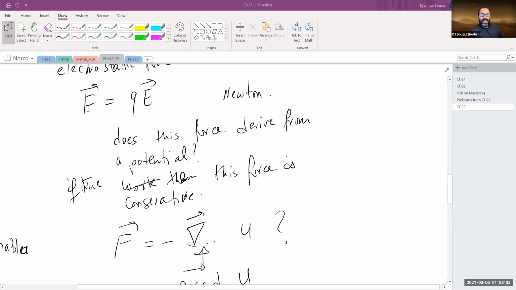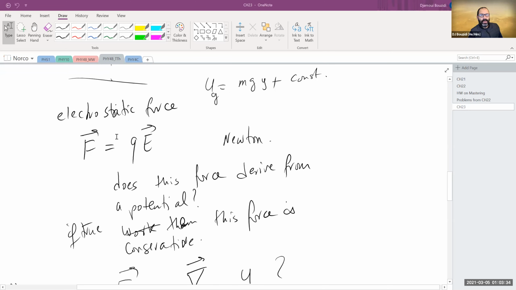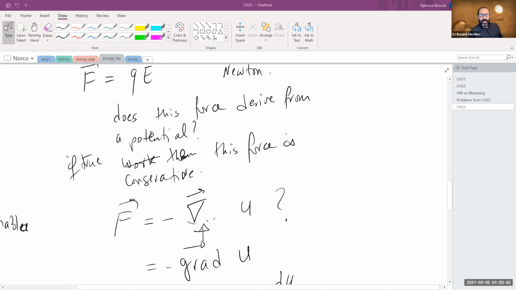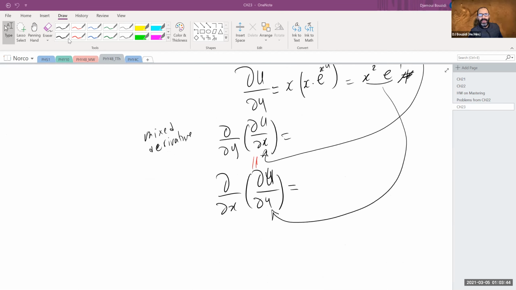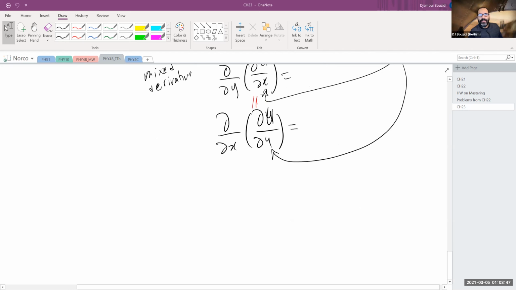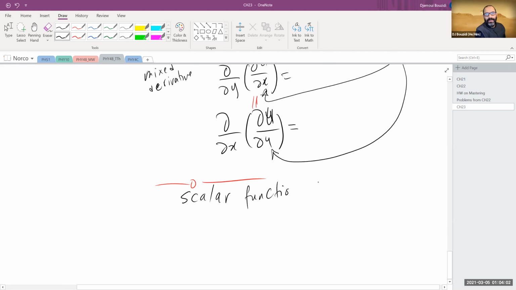We wanted to know if the electrostatic force, F equals QE, derives from a potential. For that, we argued that if the electric field itself derives from a potential, in other words, if I can find a scalar function V that depends probably on x, y and z, but it's still a scalar.